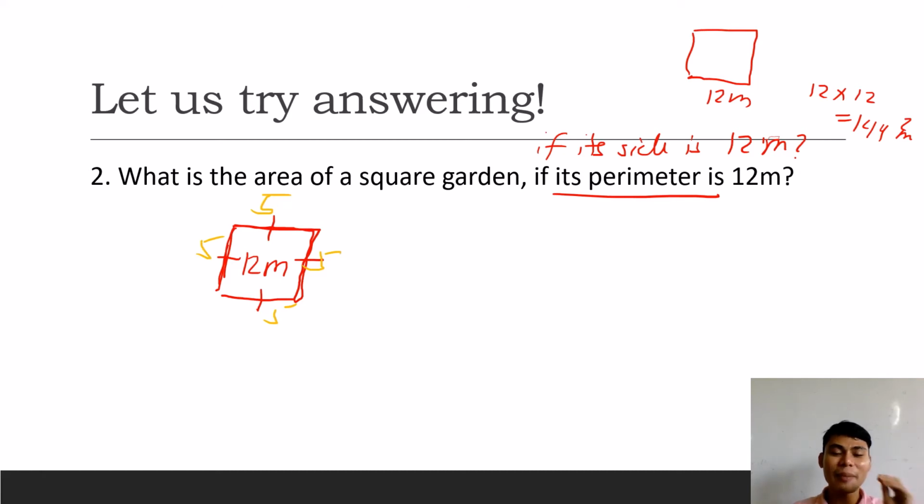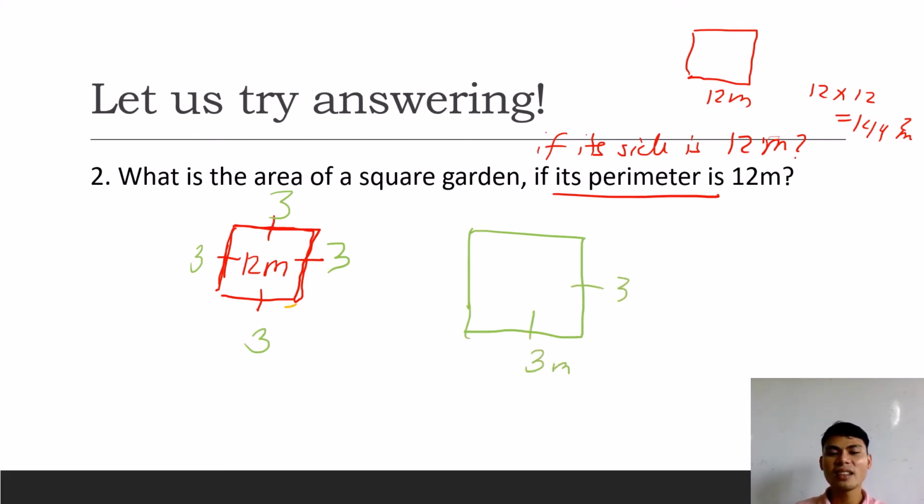Wrong. Elementary lang yun na way sa pag-discuss. So, we have 4 sides and we have 12. So, 12 divided by 4, meaning we have 3 per side. Let's type 3 plus 3 plus 3 plus 3 is 12 meters. Hence, that square has a side measure of 3 meters.